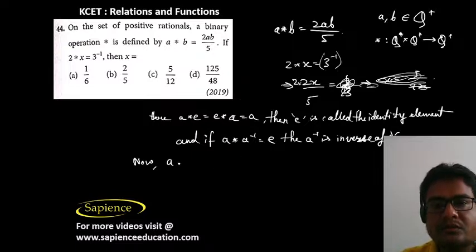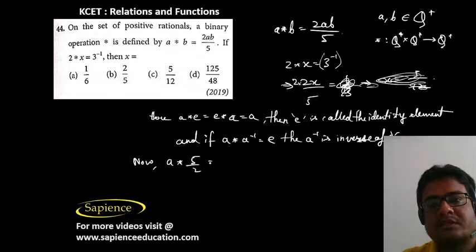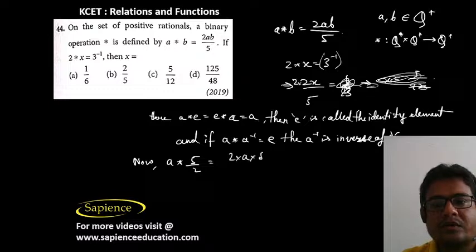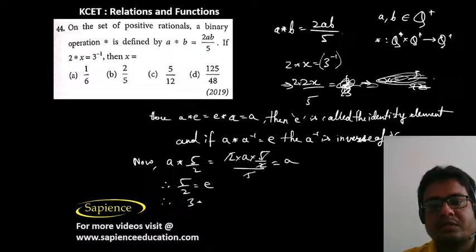Now here if I do A star 5 by 2, that will be 2 into A into 5 by 2 by 5, which is equal to A. Therefore 5 by 2 is the identity element. Now 3 star how much?